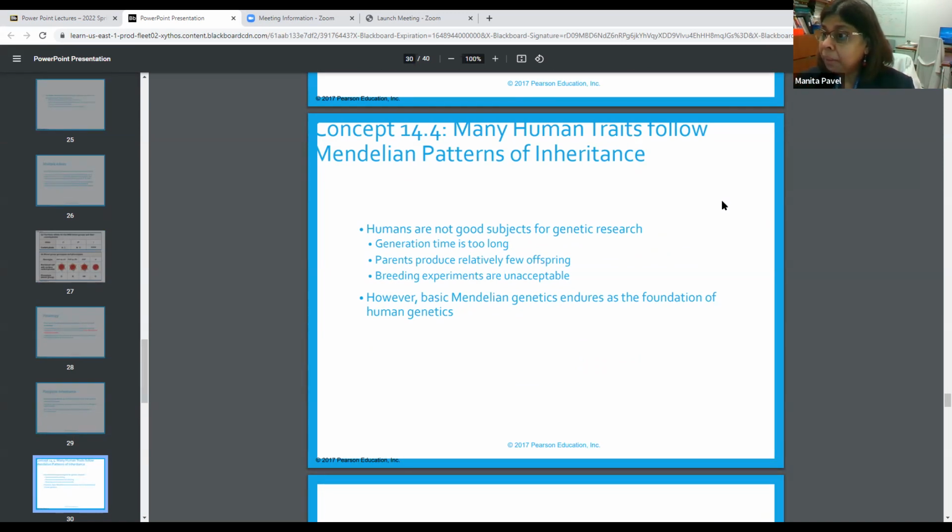The reason being, the pea plant is easily accessible and inexpensive. Pea plants had all these opposite contrasting traits, and mainly because both the male sex organ, the stamen, and the female sex organ, the pistil, were present in the same plant, it was easy to self-pollinate those plants.